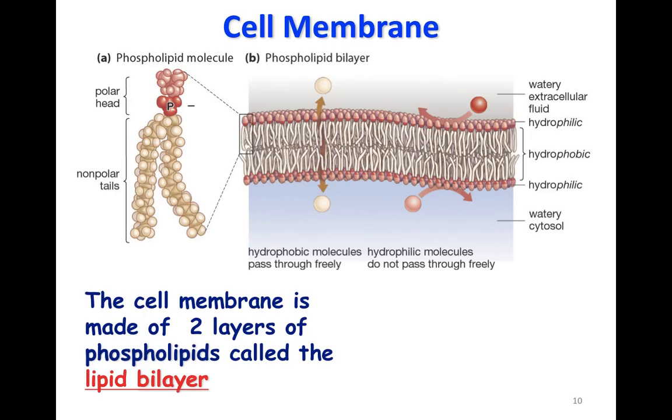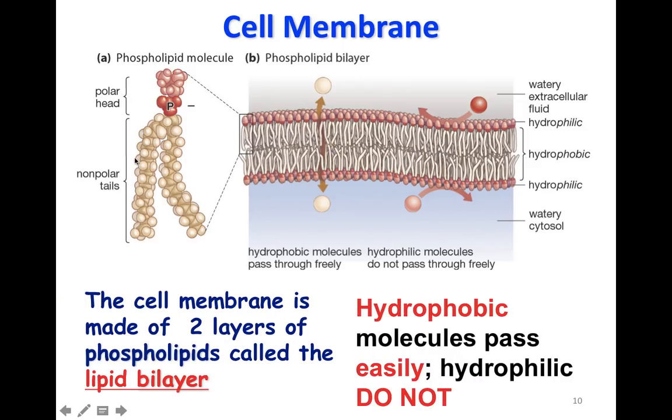So the cell membrane is made up of two layers of a phospholipid called a lipid bilayer. So we have our polar head, hydrophilic, water-loving, and then we have our fatty acid tails, which are hydrophobic. And so here you can see the polar phosphate heads, and then our fatty acid tails.